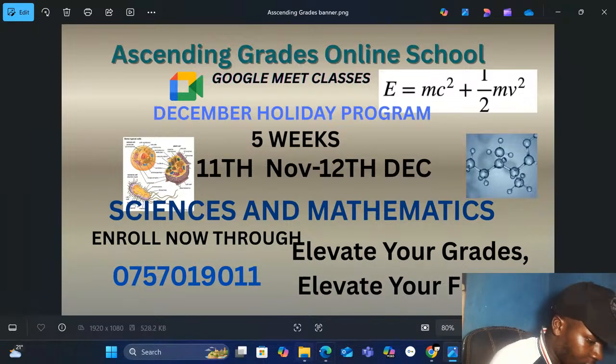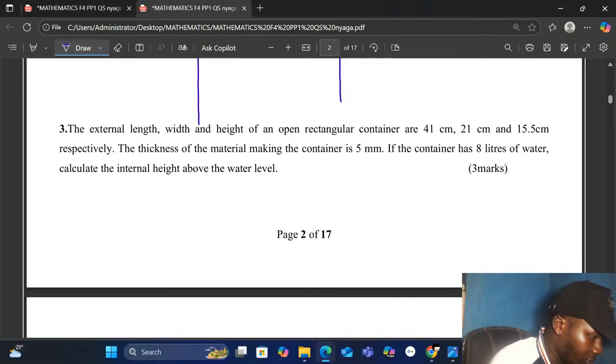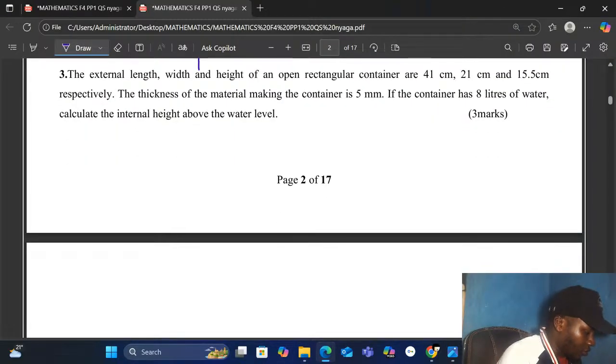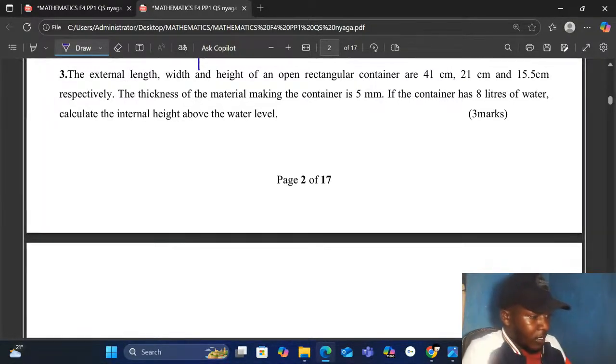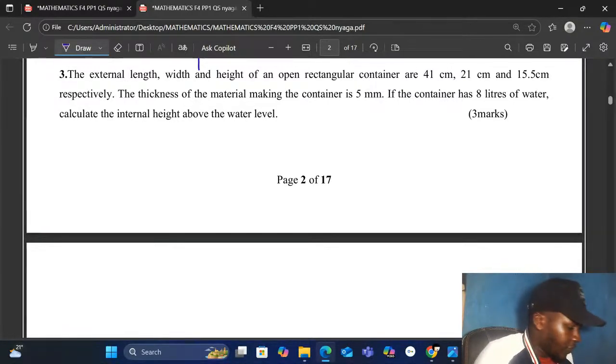Then we move to the third question. The external length, width and height of an open rectangular container are 41, 21 and 15.5 respectively.